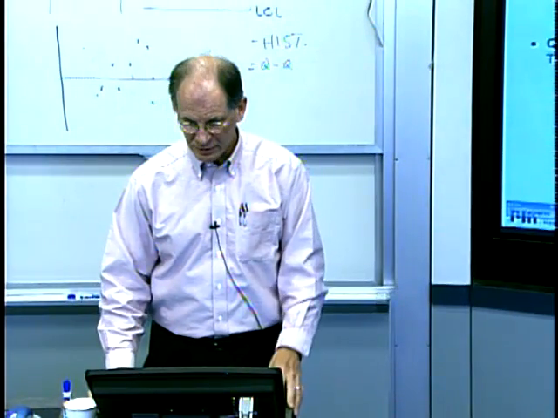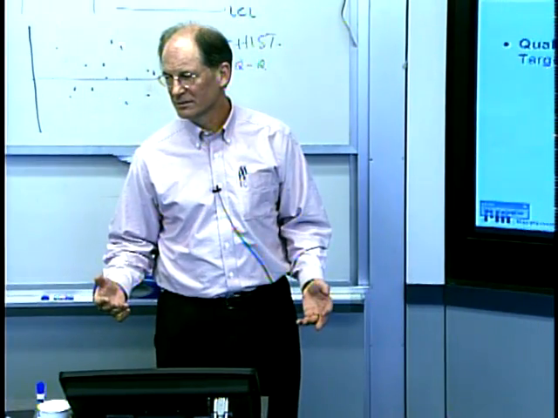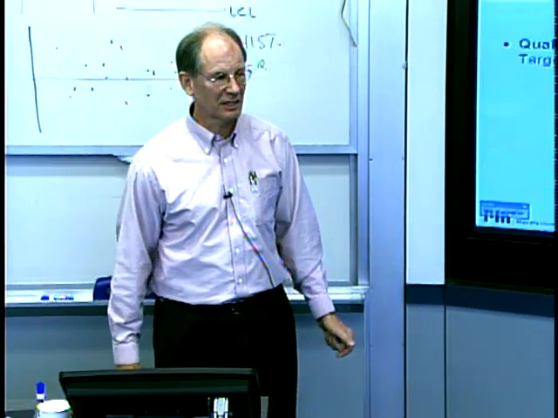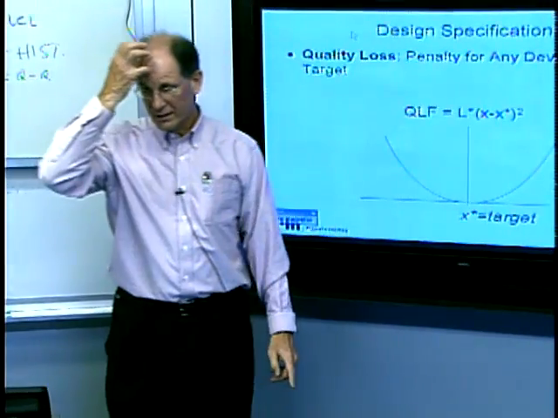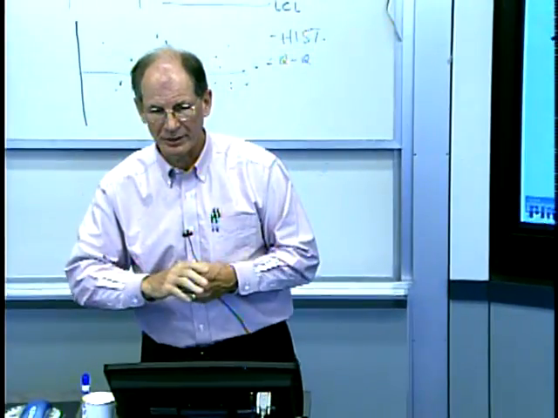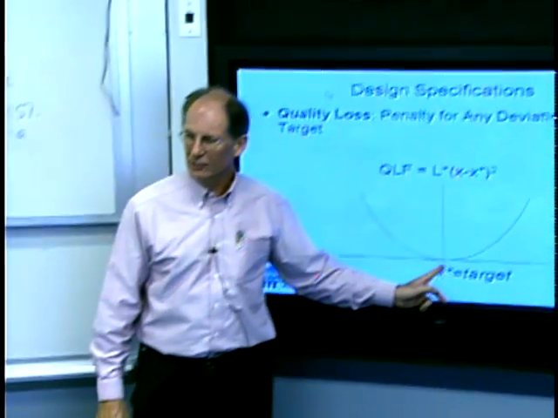Quality loss, which was introduced by Taguchi some time ago, basically said that's baloney. There are some really good case examples of this. He said, look, if there's a target value for some specification, a dimension or a property of something, and you can specify that, that's the best one.